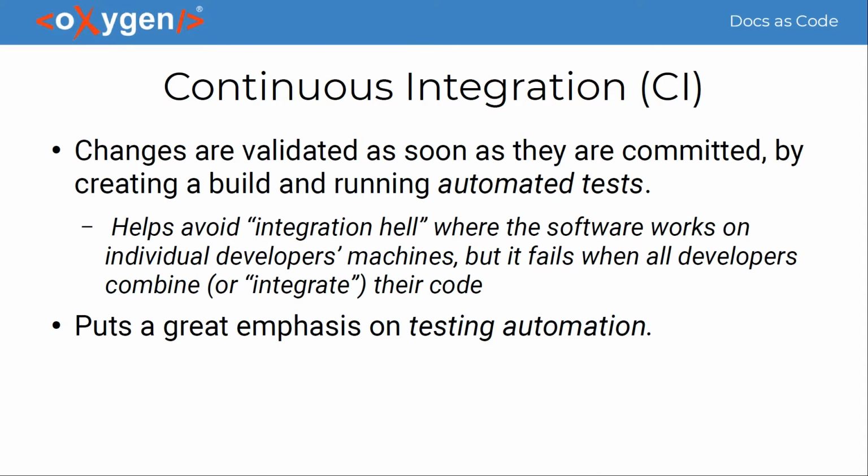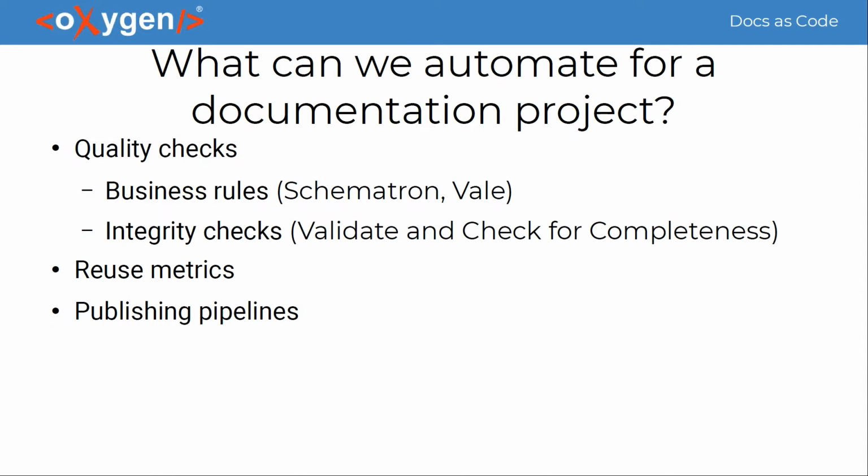Automation. So automate stuff. But what can we automate for a documentation project? Well, we can automate quality checks, like maybe business rules, which can be expressed in Schematron or in Vale. Have you heard of Schematron? Yeah, some of you.